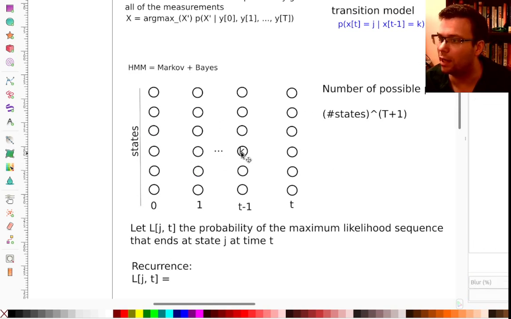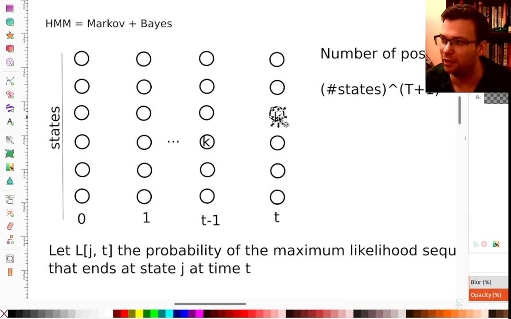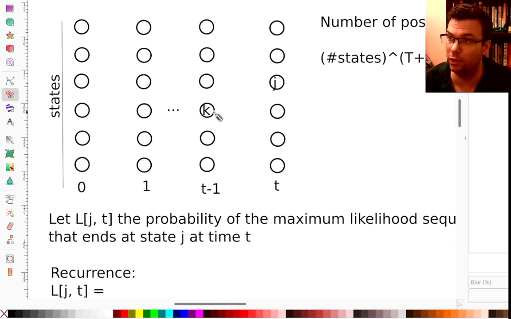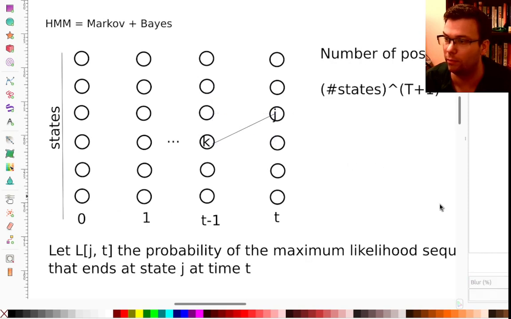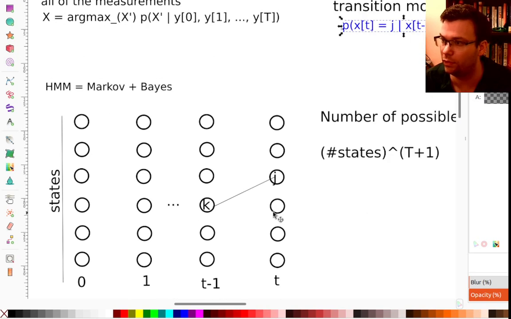Let's say that I am at state J. Just like before, I'm using the same kind of reasoning. I could have come from any state at time T minus 1 if I'm at state J at time T. And the probability of doing so would be given by the transition model.